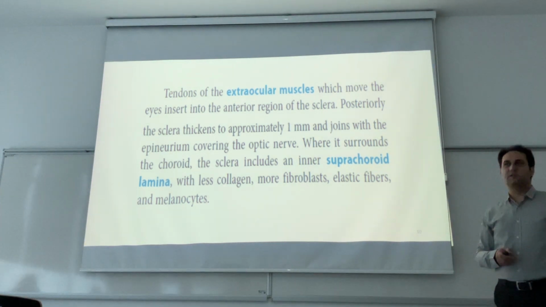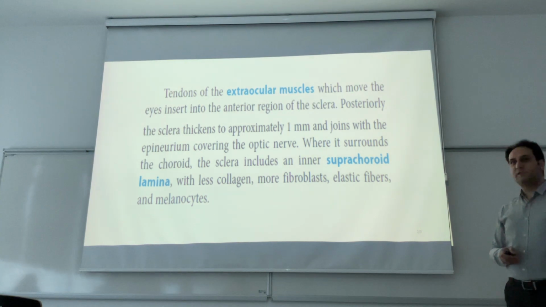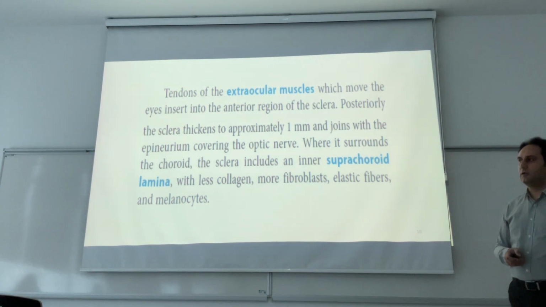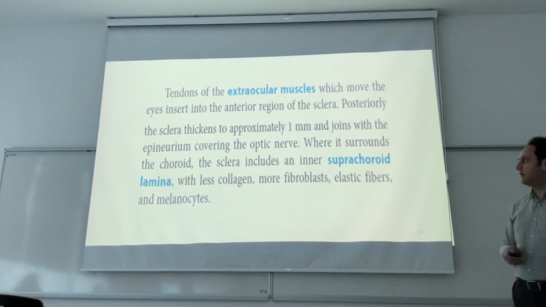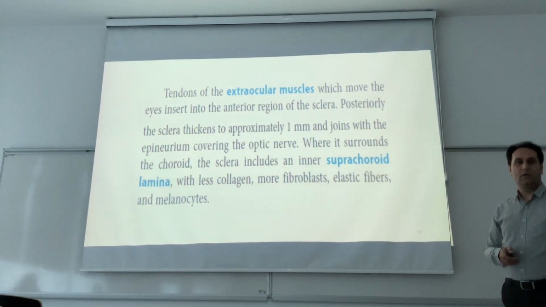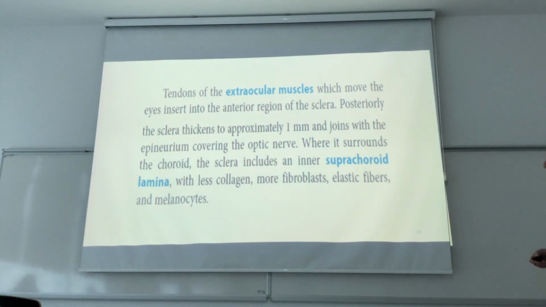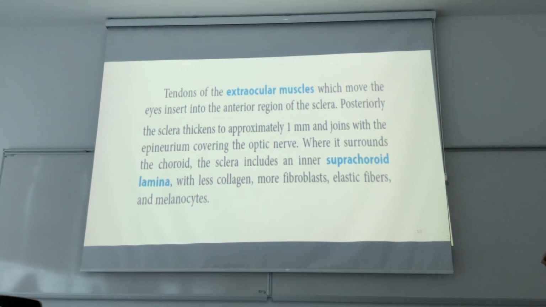In some references, they say we have a layer with the same name, suprachoroid, in the choroid part, and this layer is also present in the choroid, but this reference doesn't say so, or says this layer is related only with the sclera.